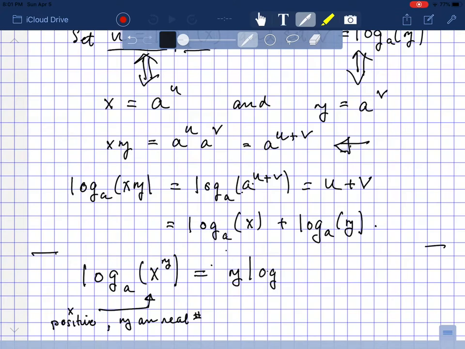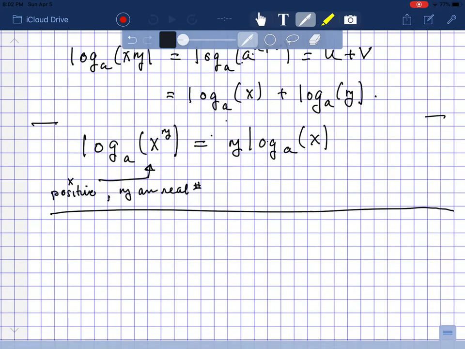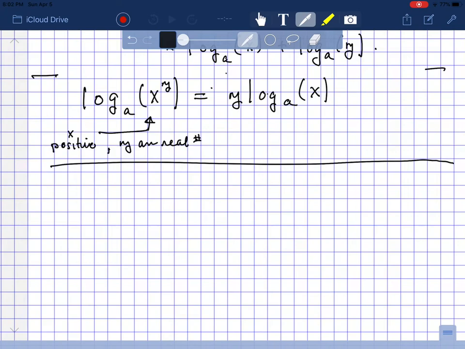So our identity is this: this is equal to y times the log base a of x. Okay, so we have the following very important identities, and these you really have to commit to memory, and you have to be able to use these.